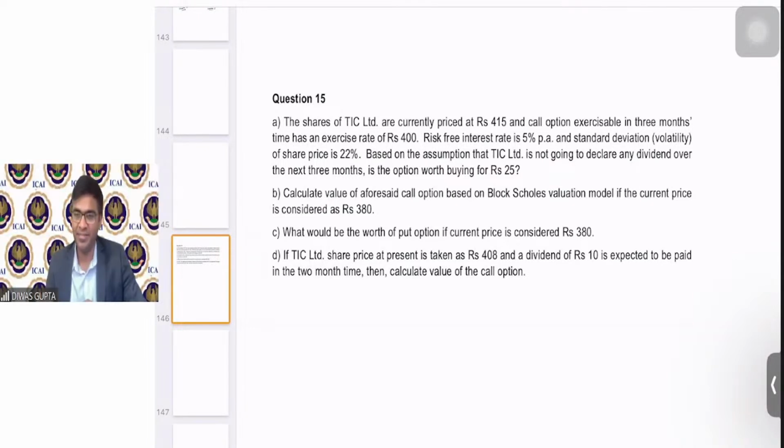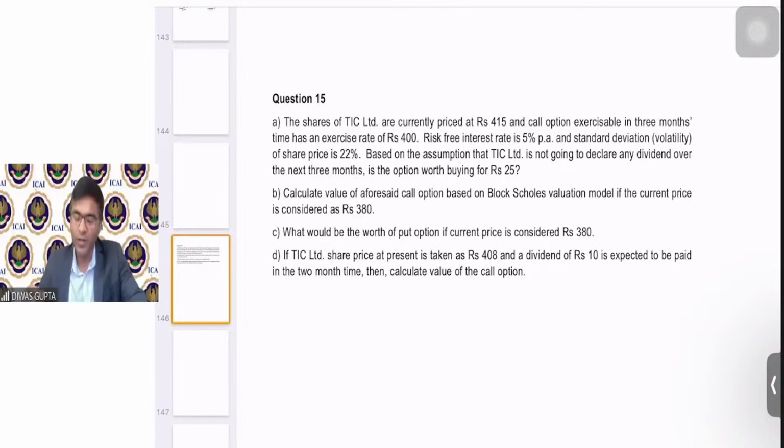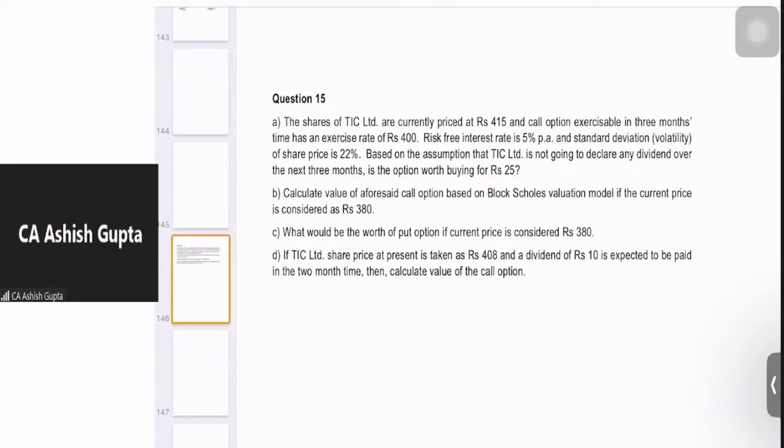See, students, normally so far as the marking of a question is concerned, there is no fixed pattern. I think it was asked in the context of the Black-Scholes model. Normally, this type of question does not carry 2 or 3 or 4 marks; it will carry a minimum of 8 marks. However, a full question may contain 2 to 3 subparts.